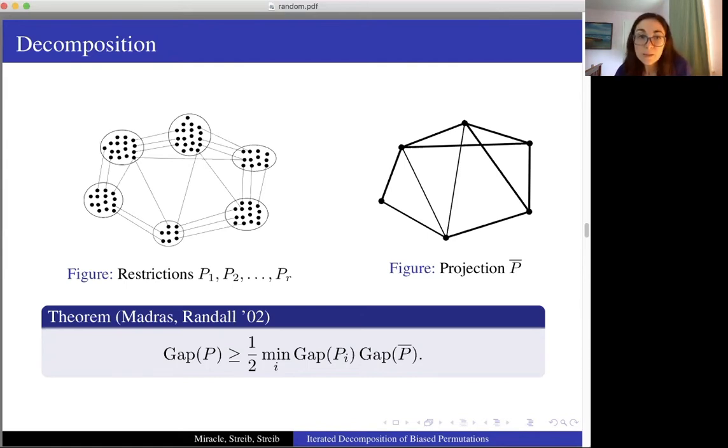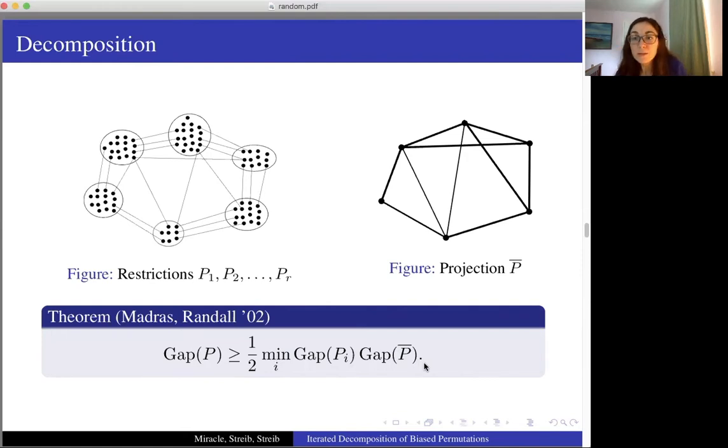We still have restriction chains, but those complementary restriction chains are replaced by a projection Markov chain, P bar. Of course, this theorem works in more generality than what I'm stating here, but bear with me. The decomposition theorem of Madras and Randall states that the overall gap is bounded by the product of the minimum over the restrictions times the gap of the projection chain.